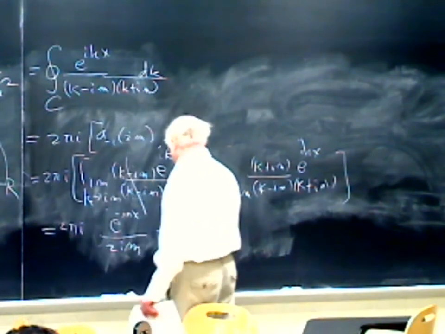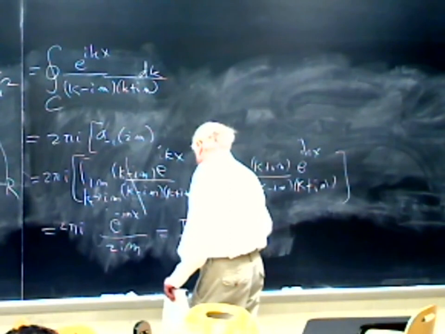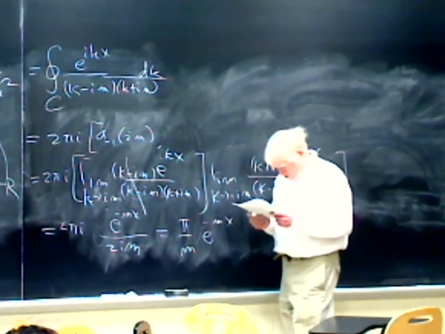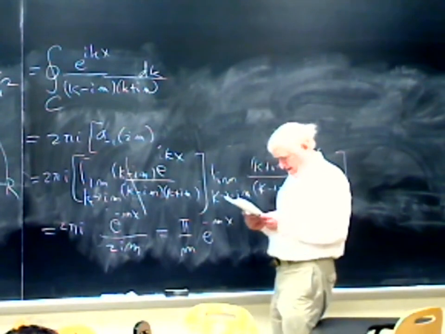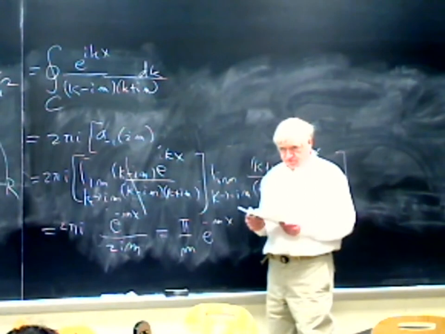And that is then pi over m e^(-mx), which, in fact, is what I got by actually doing the contour integral.